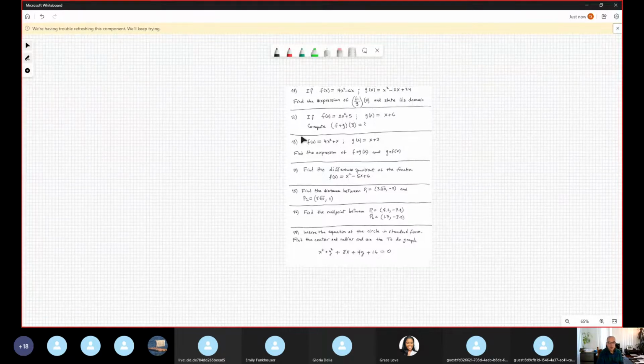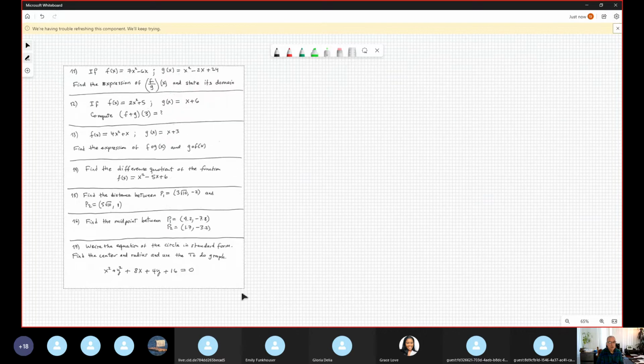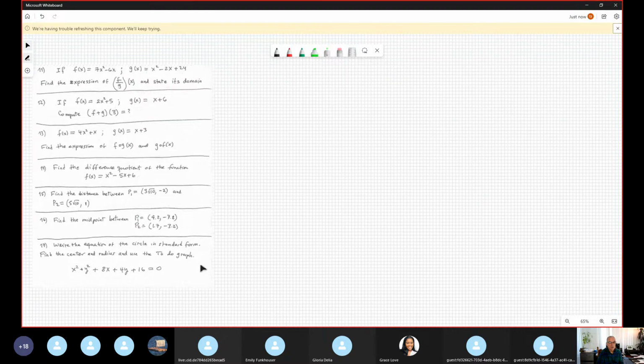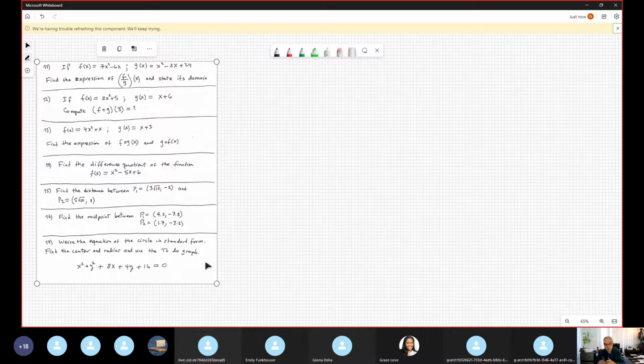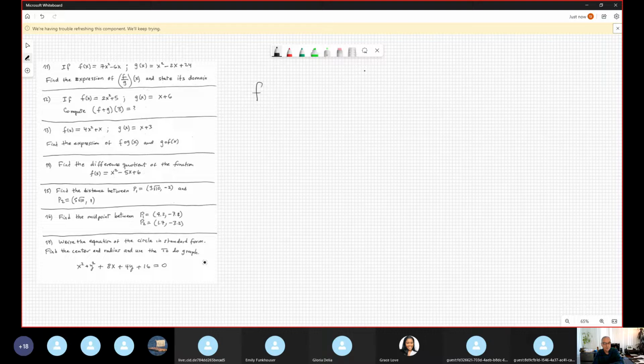Okay, and this page, we have a combination of functions. First of all, we have a function f of x, which is 7x squared minus 6x.